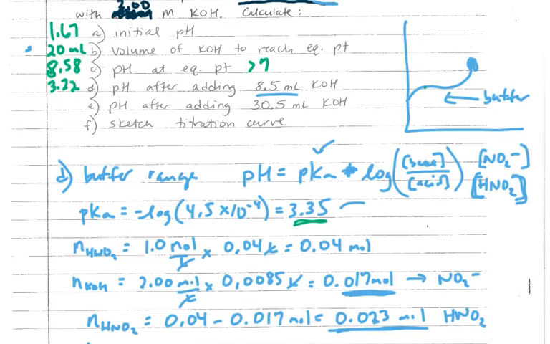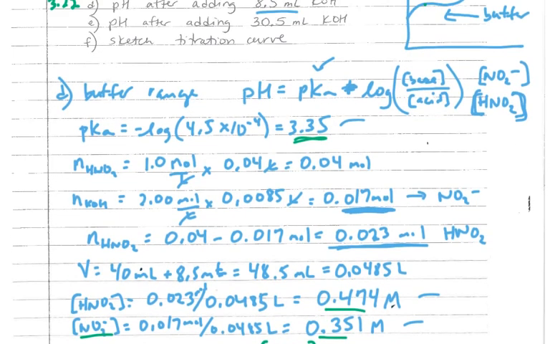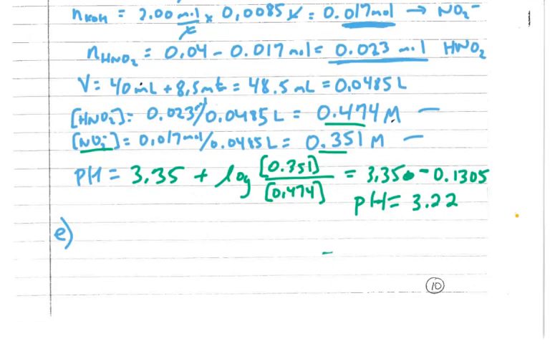But it's not quite, of course, to the equivalence point. And then part E is much shorter. Do I have any room for E? I do. All right, so E is what is the pH after we've added 30.5 milliliters of KOH.